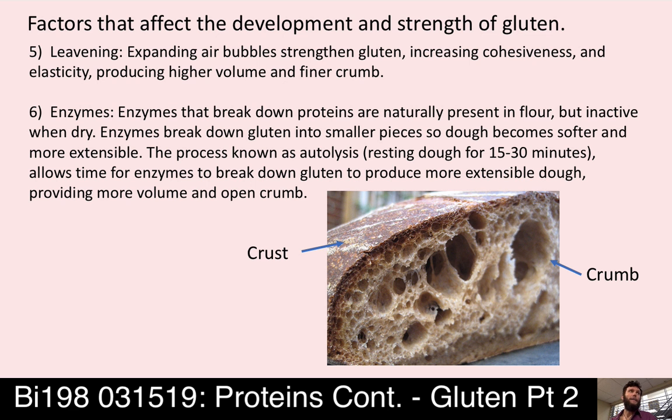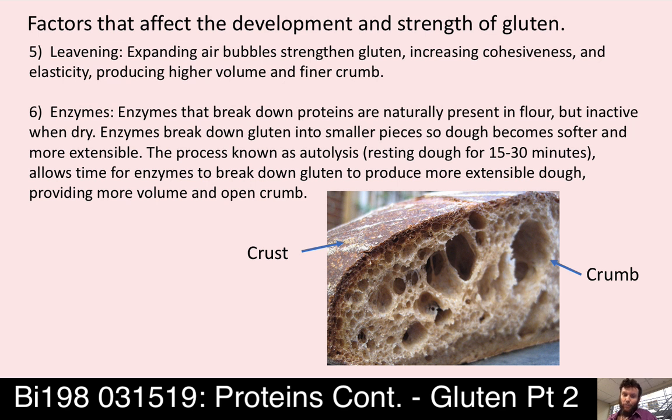And so the question is, what is the activity level of the enzymes naturally occurring in that particular flour? How active did they become when the flour was hydrated? Those enzymes are going to have an effect on the dough, and the specifics of those enzymes are going to have an effect on the texture of the crumb.